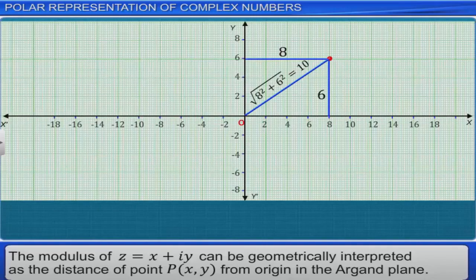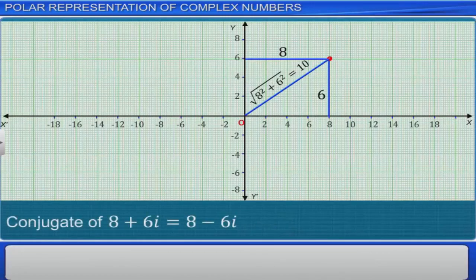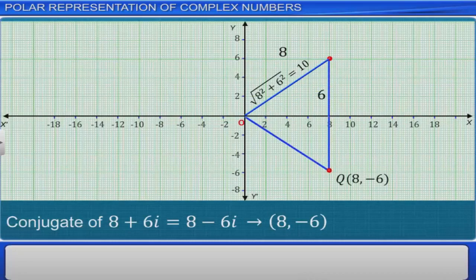Let's represent the conjugate of complex number 8 plus 6i. The conjugate of the complex number is 8 minus 6i. This complex number corresponds to the ordered pair (8, minus 6). Point Q(8, minus 6) in the Argand plane represents the conjugate of the given complex number.